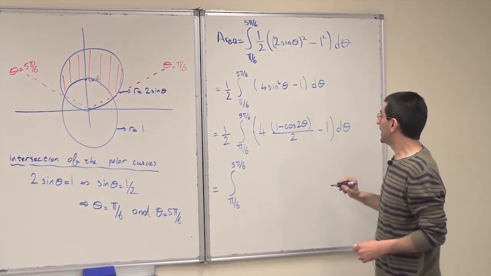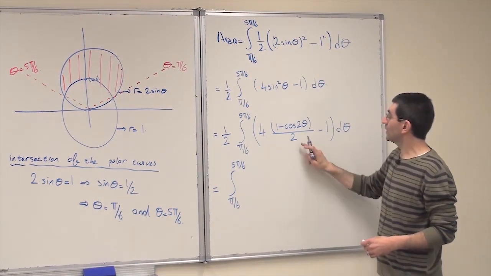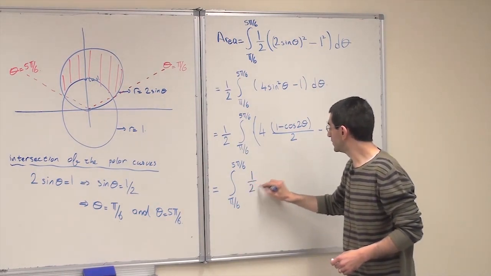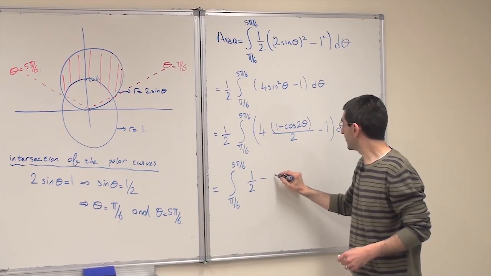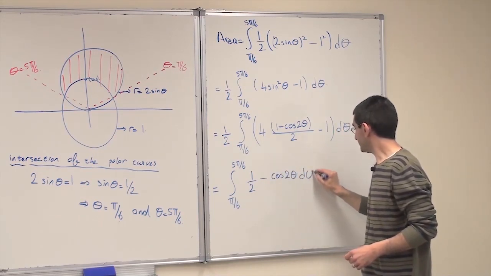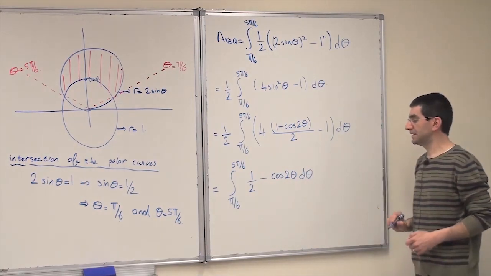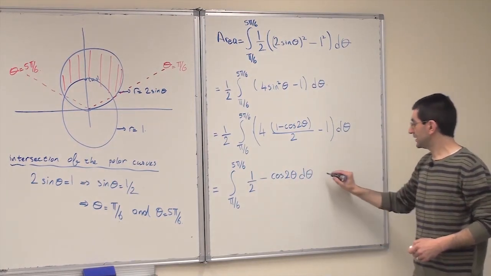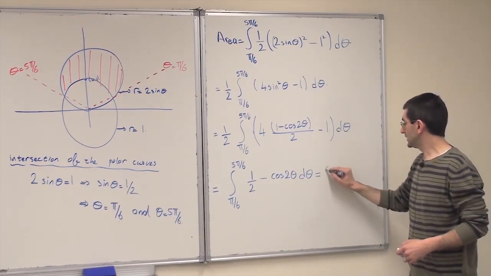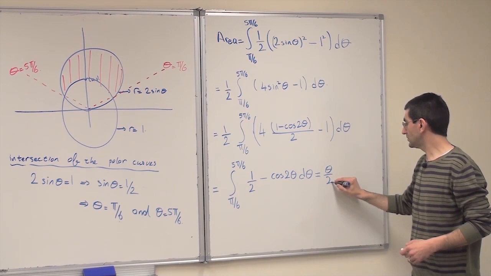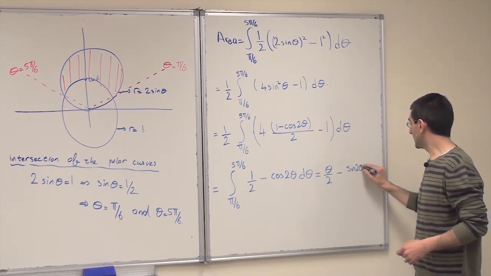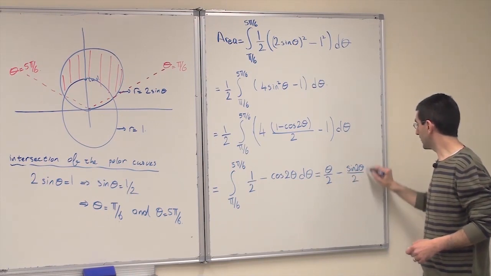So we have, so let's see, 1 over 2 minus cosine 2 theta d theta. And the integral of that is equal to theta over 2 minus sine 2 theta over 2.